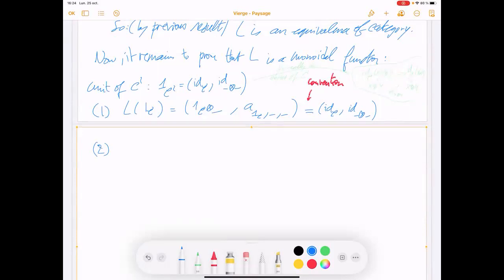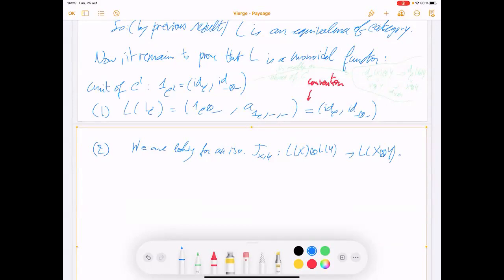We want a map. We are looking for an isomorphism G_{X,Y} from LX tensor LY to L(X tensor Y). So we need to get such an isomorphism, and we want it to be natural in the sense that we want it to check the axiom of monoidal structure.